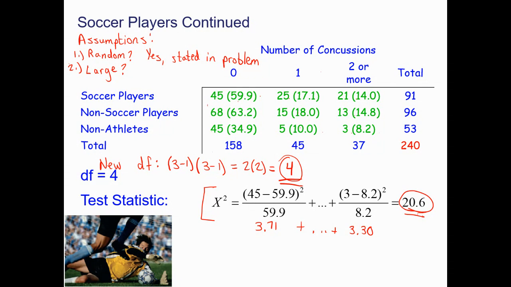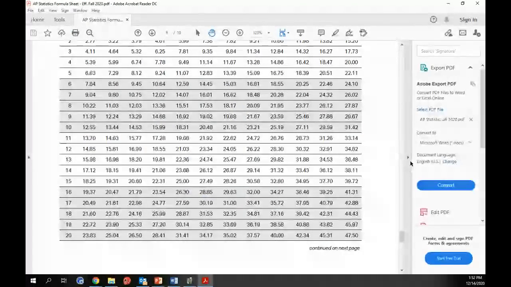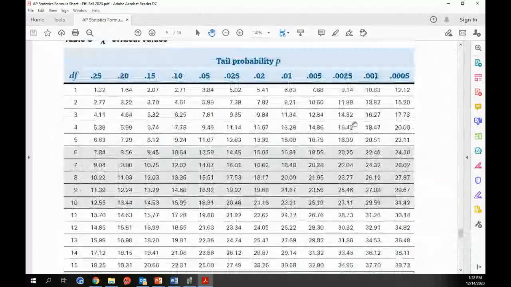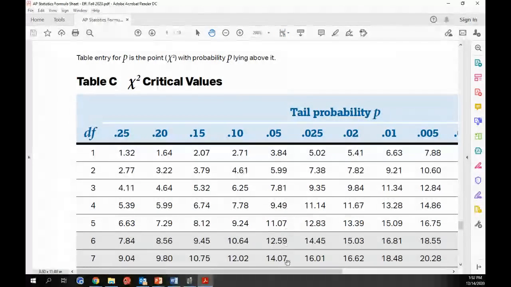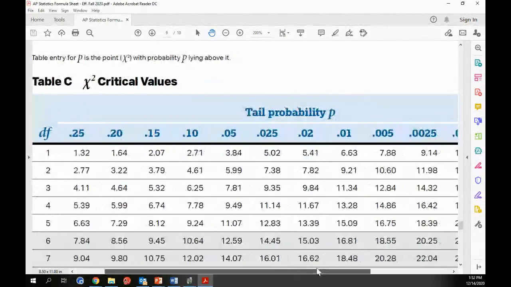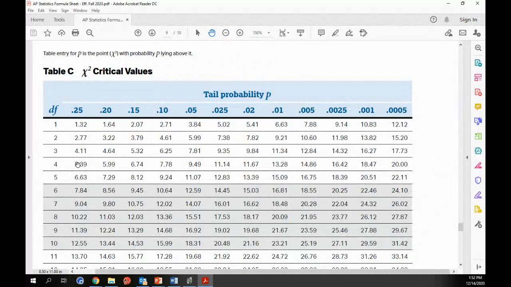So, let's see. There we go. There's our chi-squared values. Okay, so if we look here, how many degrees of freedom did we have? 4. Okay, so 4 degrees of freedom.